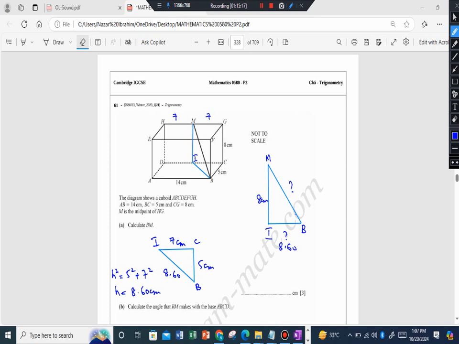Again, using the Pythagoras theorem, hypotenuse square is equal to 8.60 square plus 8 square, and taking its square root. 8.60 square plus 8 square, I'm getting 11.745, which I can take as 11.75, right? So it is 11.75.